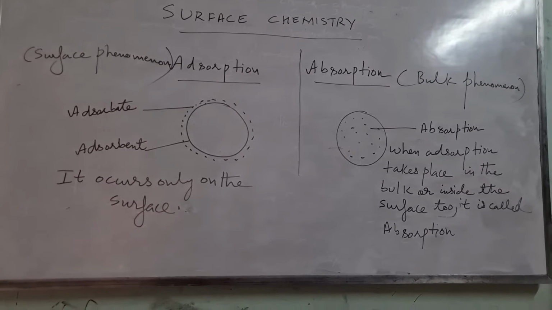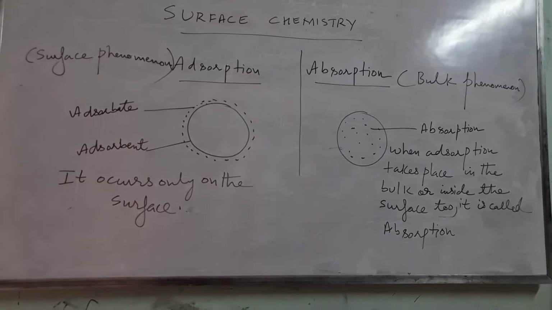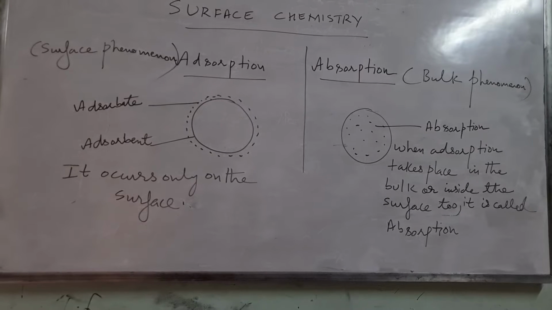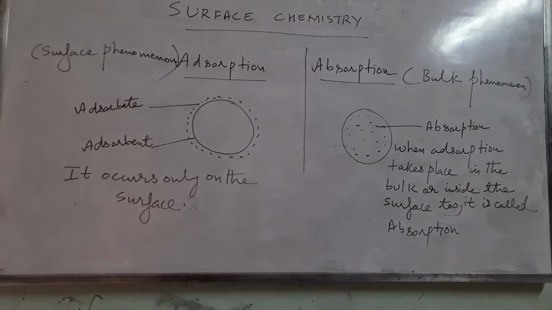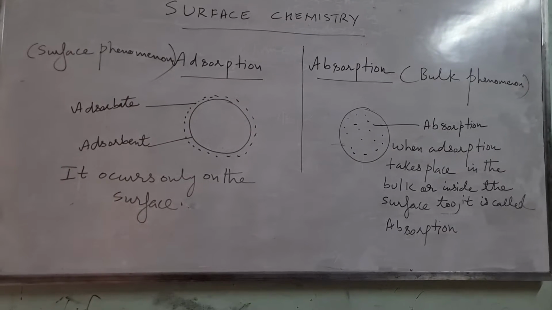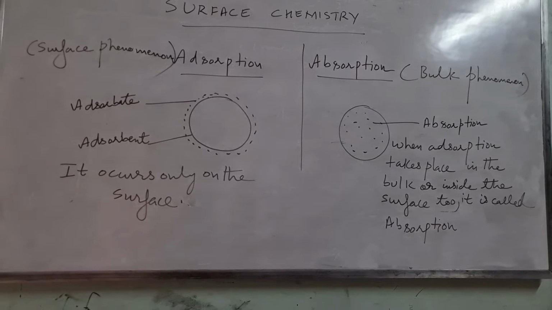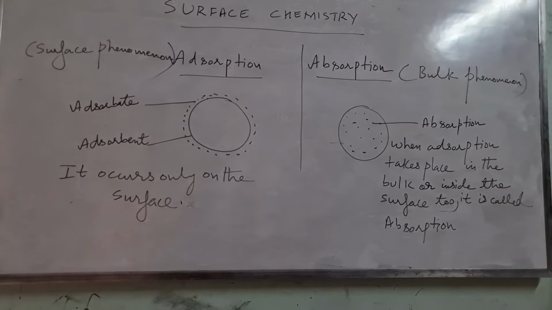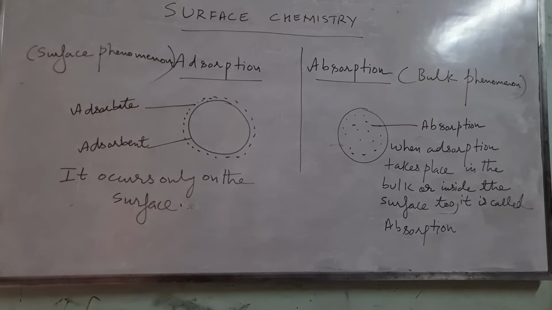Adsorbate is a substance which gets deposited over the surface of the adsorbent. So I hope I have made myself clear. In case of absorption, it takes place throughout the body of the bulk. On the other hand, in case of adsorption, it takes place only upon the surface.